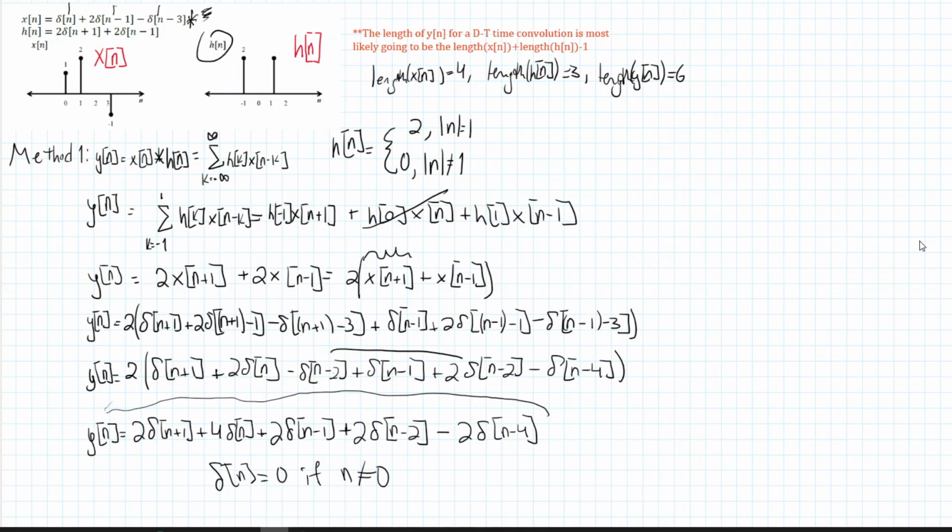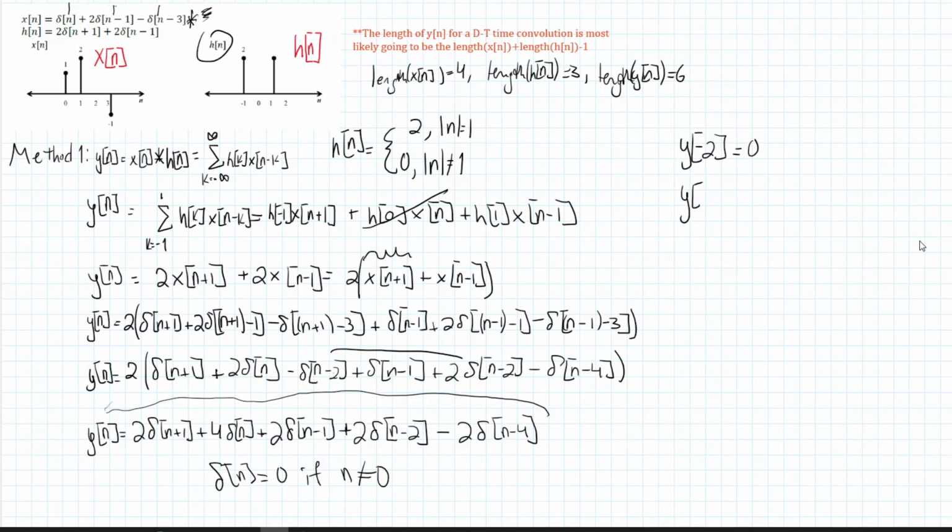Right? So we come over here. We'll do a little table. Y, value at negative 2. We're not going to end up with any delta functions that are delta of 0, because this one would be negative 1, this one would be negative 2, this one would be negative 3, that would be negative 4, and that would be negative 6. So that's 0.